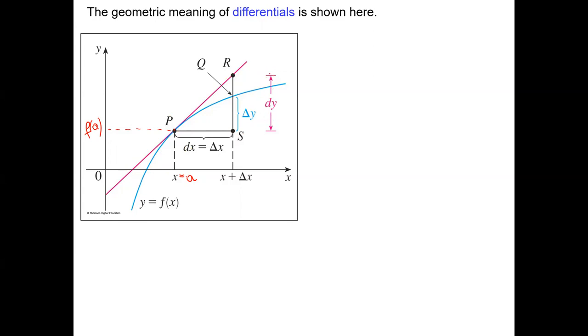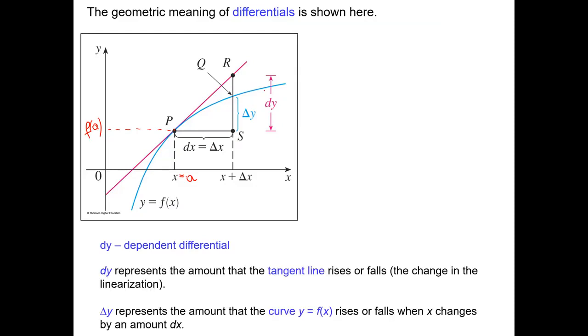It's like the amount of changes in y along the y-axis. Okay, that means dy we will call the dependent differential, and dx, which I didn't type, is the independent differential.